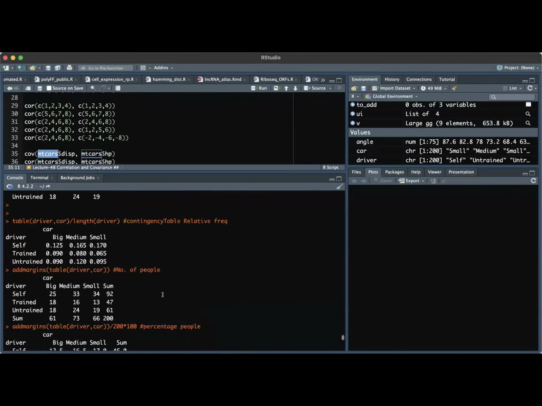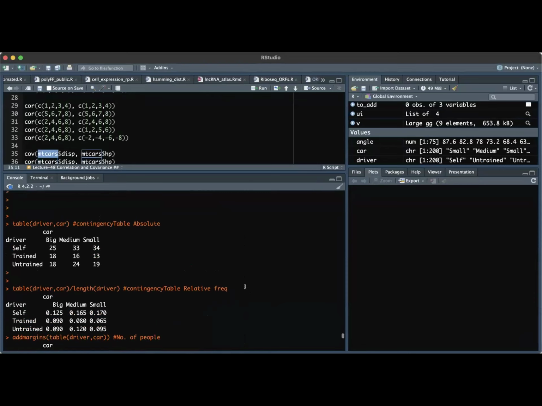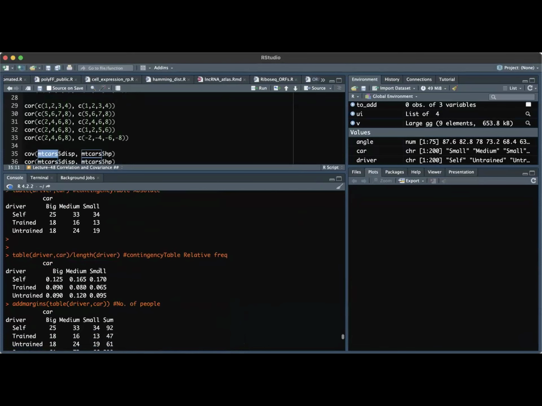How to calculate this? And one more question, how many patients are given medium dosages? Exactly, so these are the procedures I was showing.